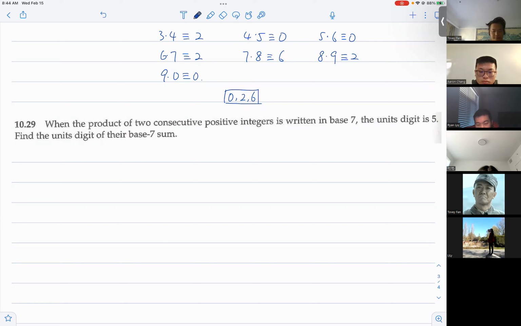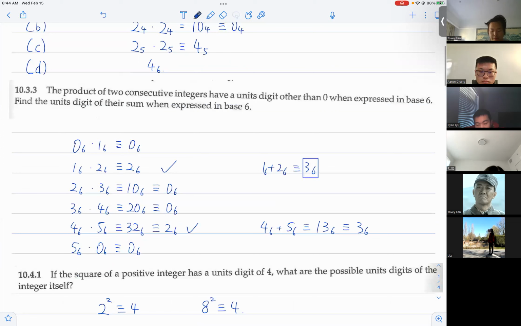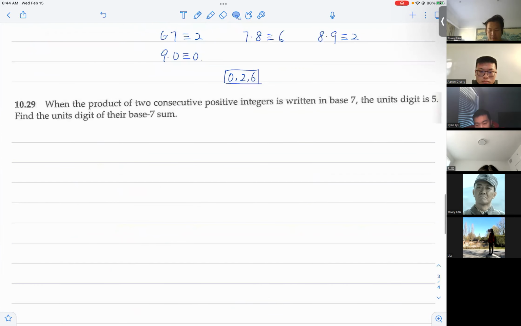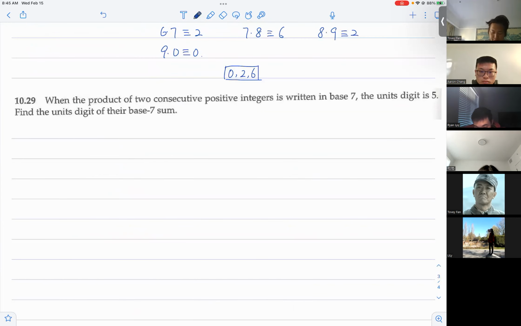Like list out the possibilities. This is very similar to question 10.3.3. 10.3.3 is in base 6, and we tried all of them. In this question it is base 7, so again we try all of them. Okay, so could you go over the list for me?